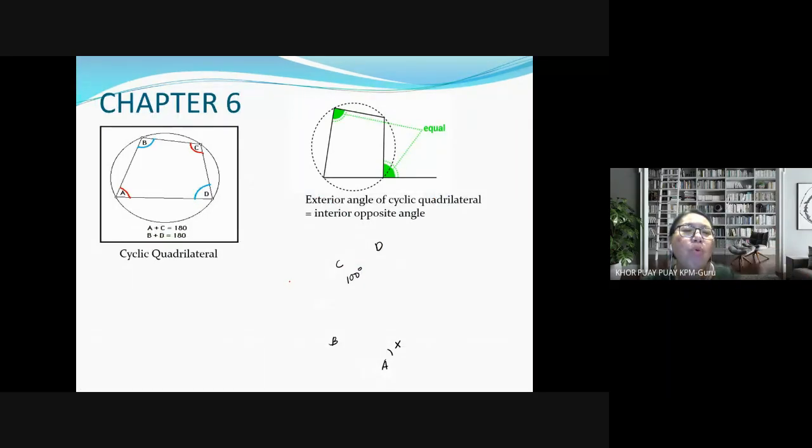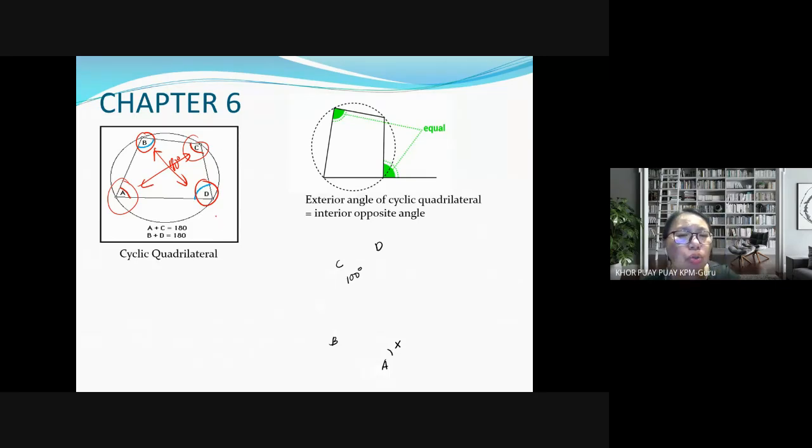Okay, now when they give you a cyclic quadrilateral, make sure you remember two formulas only. One, opposite angles in that cyclic quadrilateral add up to 180. And these two also, both of these add up to 180. This is formula 1.